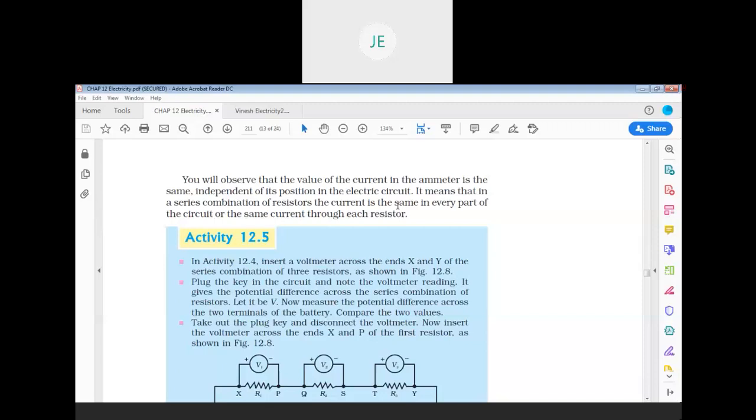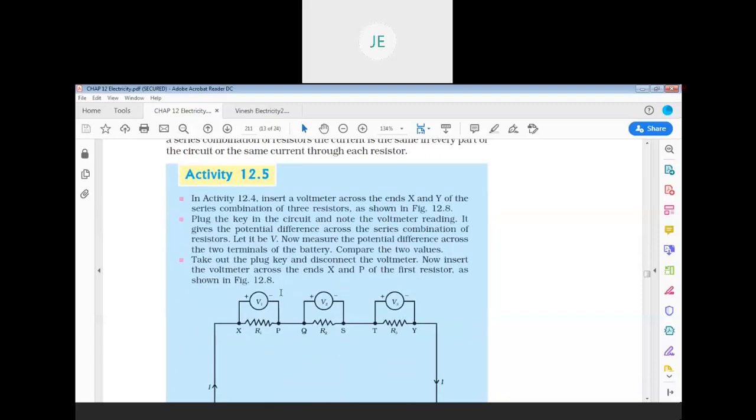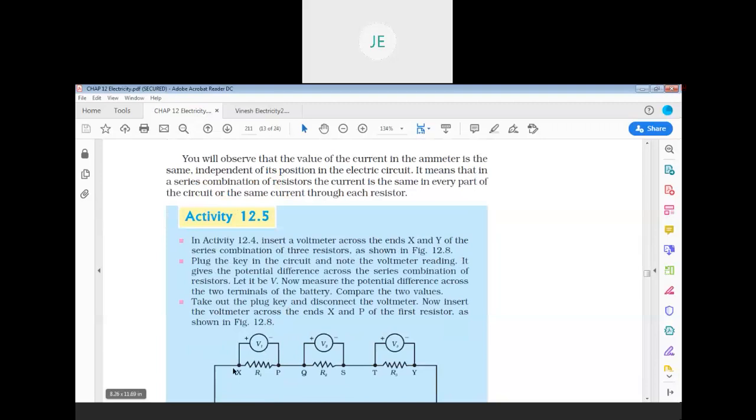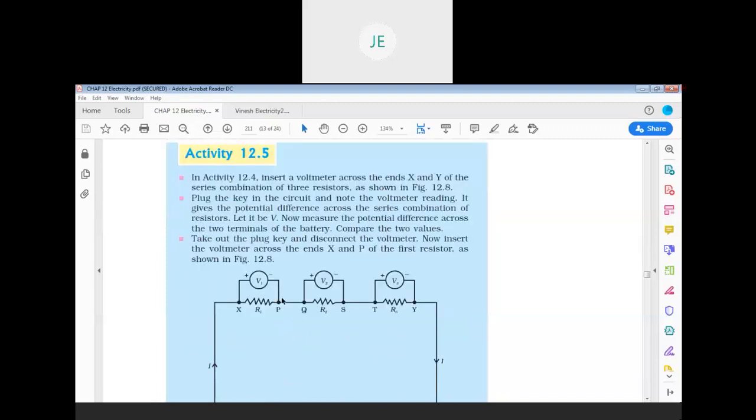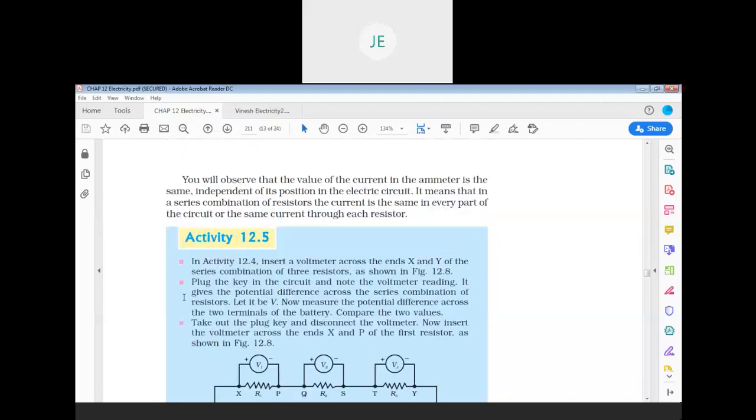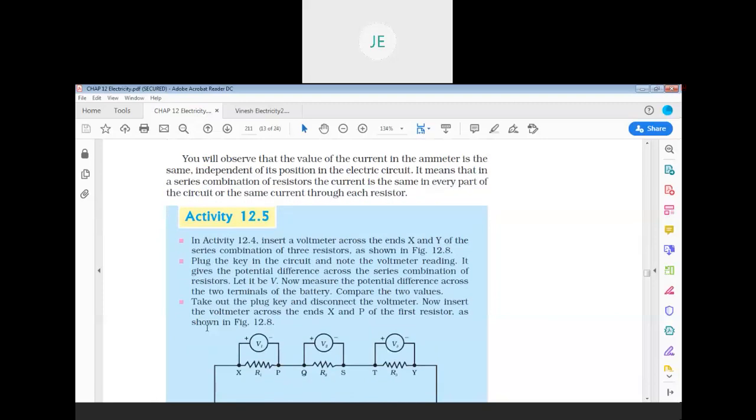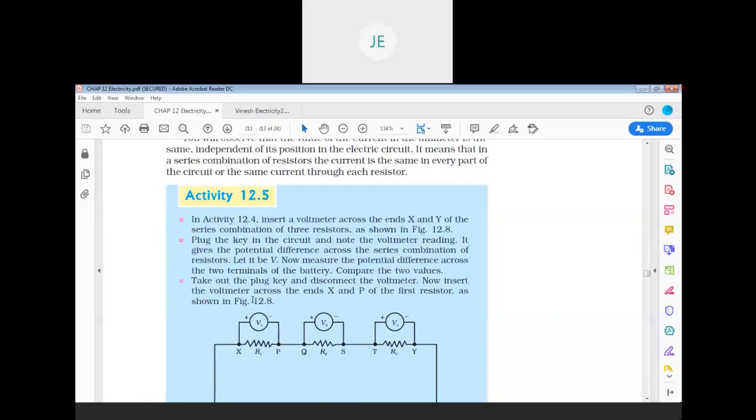And in the case of the combination, let us insert a voltmeter across the ends X and Y of the series combination of the circuit. Sorry, here also they are taking series only. Then they are measuring the voltage. Then plug the key, and note down the voltmeter reading at each resistance, V1, V2, V3.